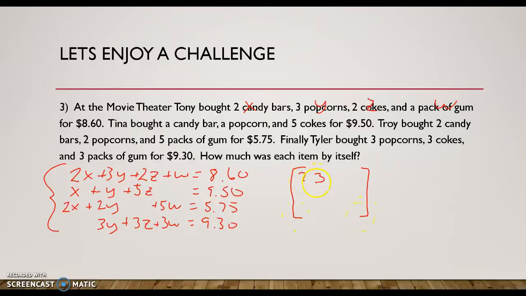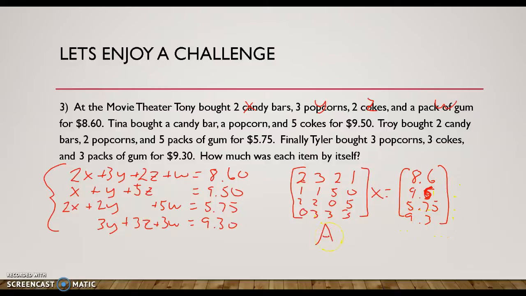It's going to be 2, 3, 2, 1, and then 1, 1, 5, 0, and then 2, 2, 0, 5, and then 0, 3, 3, 3, times X is going to equal our answer matrix, which is 8.6, 9.5, 5.75, and 9.3.